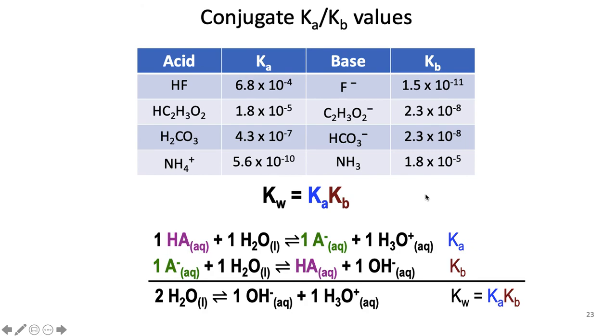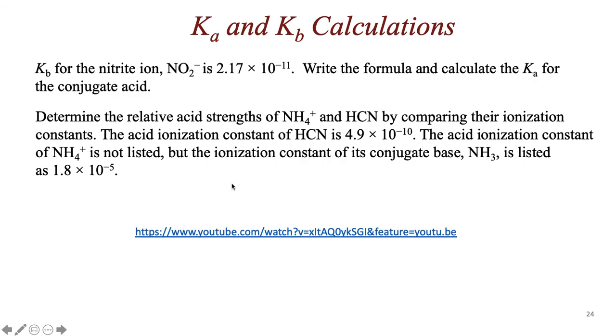This is also true. So just like Kw is equal to the OH minus times H3O plus concentrations, it is also equal to Ka times Kb, which means that I can figure out a Kb value if I have a Ka value, because I know that this is 1 times 10 to the minus 14. So I can calculate the Kb value if I'm given the Ka and vice versa. That is what I've done here with these problems.